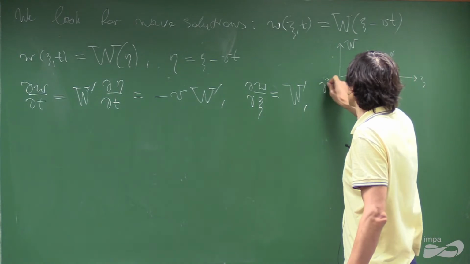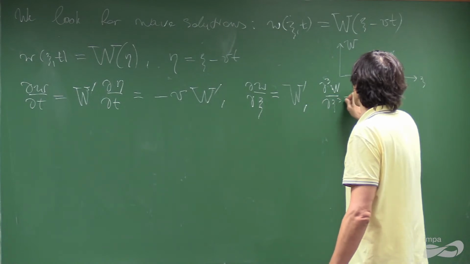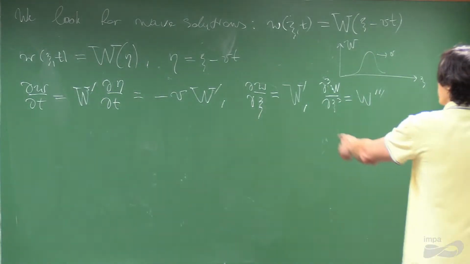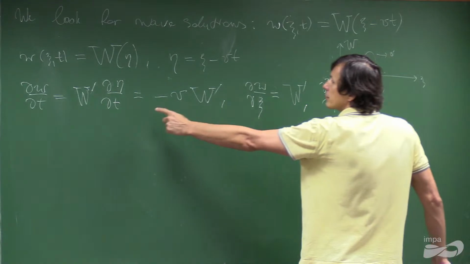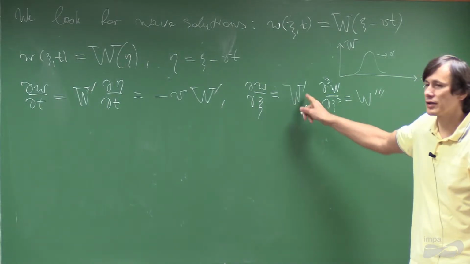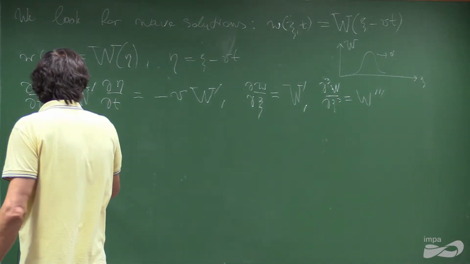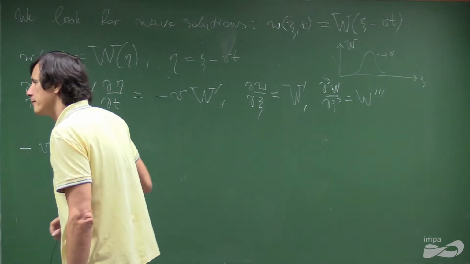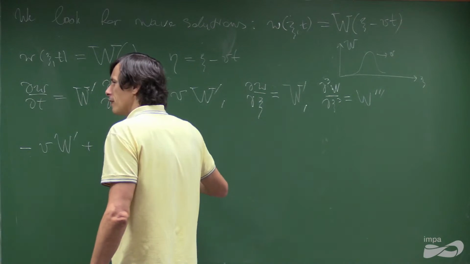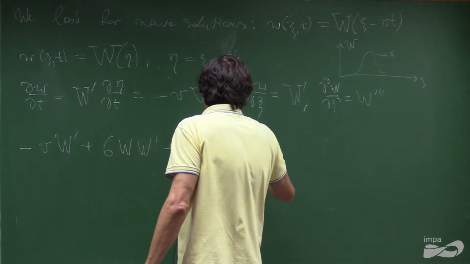And then for the third derivative, you just keep taking the derivative from this expression, and you get the third derivative, right? So taking one more derivative in ψ, in η and ψ, every time you take a derivative in ψ, it's the same as taking a derivative in η. So we put it inside that equation. It will give you minus v W prime plus 6 W W prime plus W triple prime equals 0.